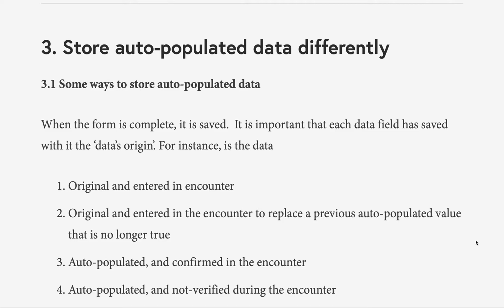I think it's very important that we separate in our databases data which has been asked in a clinical encounter as a discrete question, and we know that that patient, for instance, in that encounter has responded to that data point, versus information which was auto-populated in the encounter and neither verified as true or false, versus data which was auto-populated and then confirmed as true, versus data which was auto-populated and then actually replaced with a new field. So we have about 4 big buckets here of different ways in which the auto-populated data perhaps should be tagged when it's saved in the database.